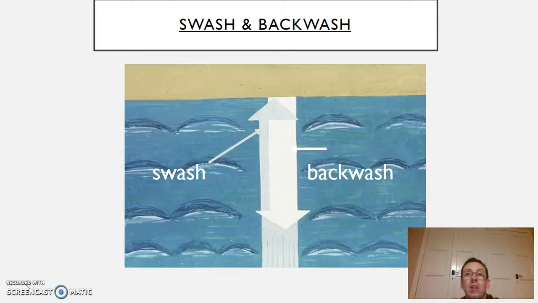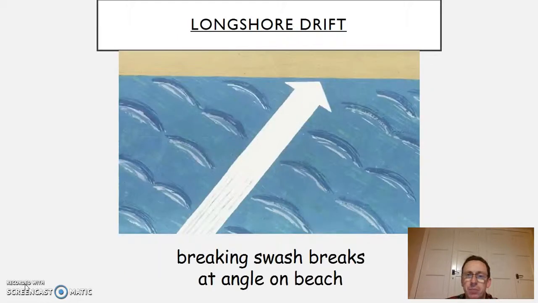Depending on what type of beach area you have, if it has constructive waves, those waves are going to have more energy when adding material to the beach, so more energy in swash, so you're going to have a beach that gets bigger. If you've got destructive waves, they're going to have more energy when coming back down from the beach, so more energy in backwash, so they would actively remove material from a beach.